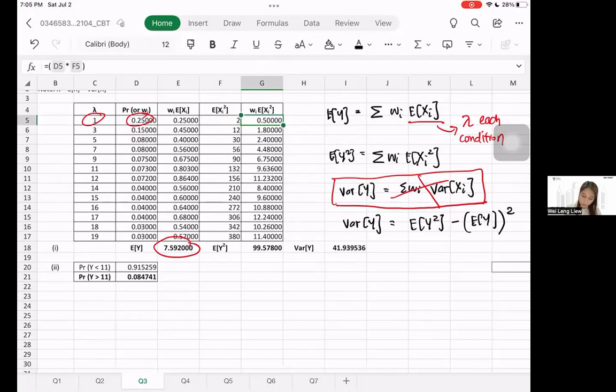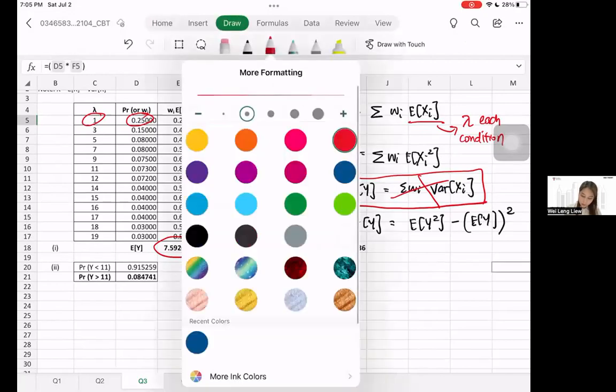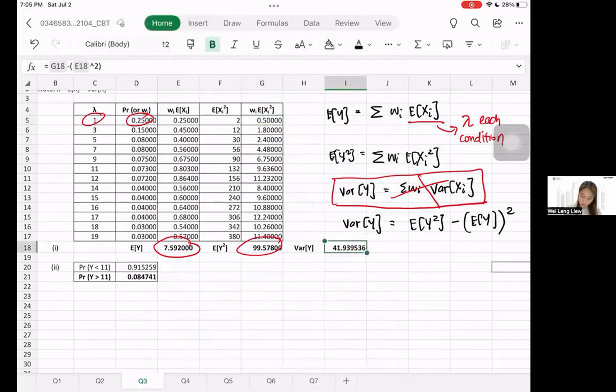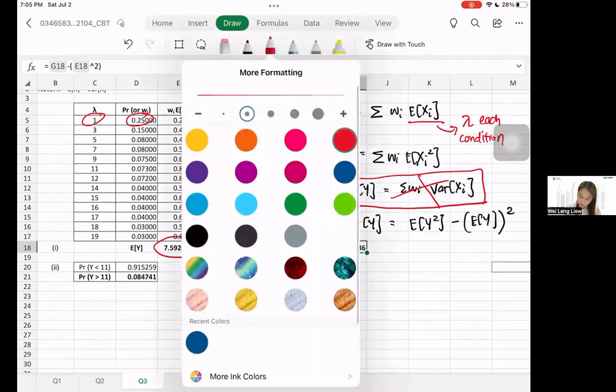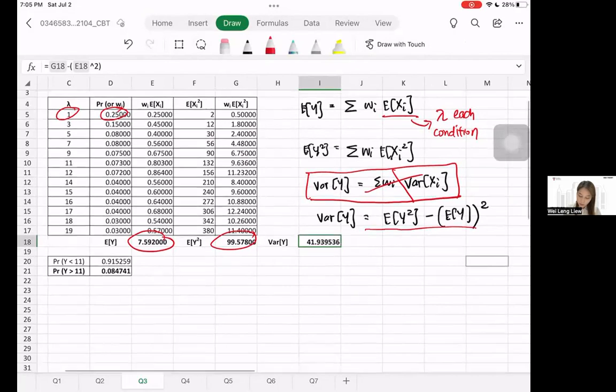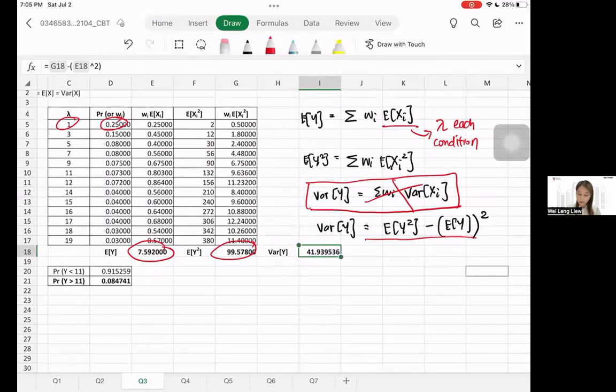Finally, we sum them up to get the second moment of Y. That's when we can calculate the variance of Y, using this formula: the second moment of Y minus your mean squared. So that's how you get your variance.